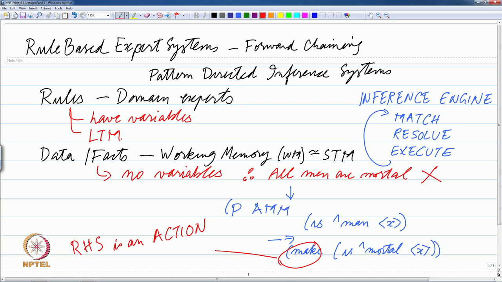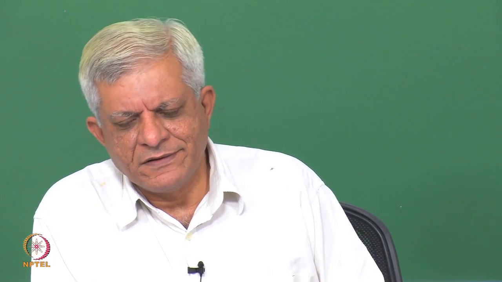In first order logic, you would say for all X, man X implies mortal X essentially. But here you are saying that the right hand side is an action: make or assert or add the statement that X is mortal. So, we are gradually moving from logic towards a language which allows us to talk about actions, and essentially such a language is a programming language, or a language like C, which contains only actions.